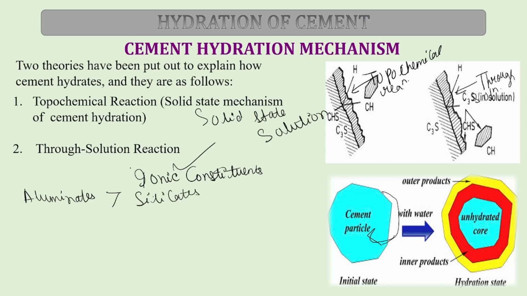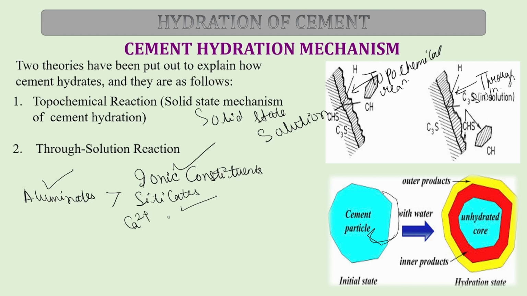Now, we can say that stiffening of cement paste is due to the hydration of these aluminates, and the hardening is due to the hydration of these silicates. Now, when we add water to the cement, the C3S reacts very rapidly and releases calcium ions.